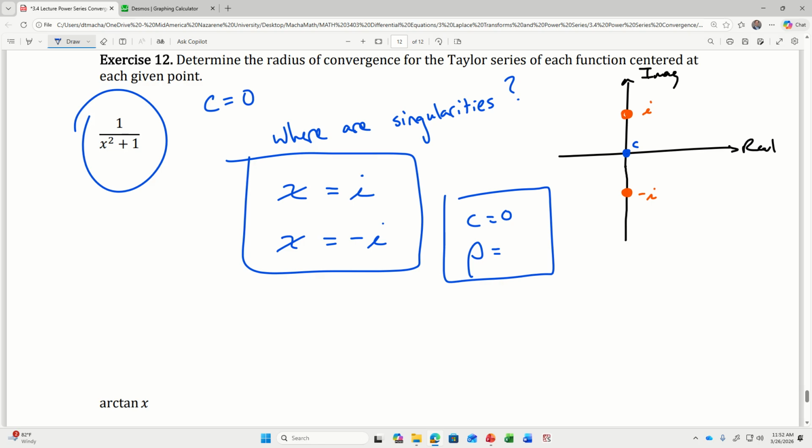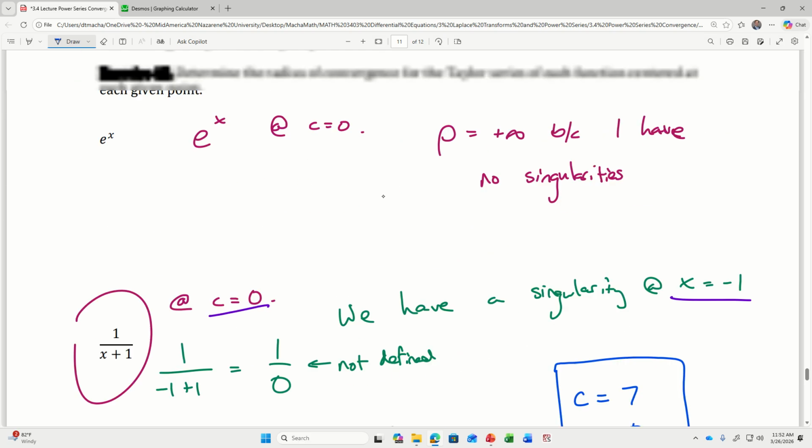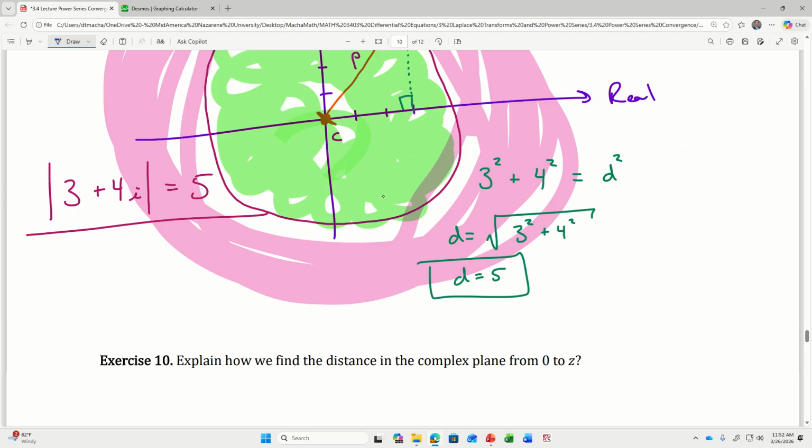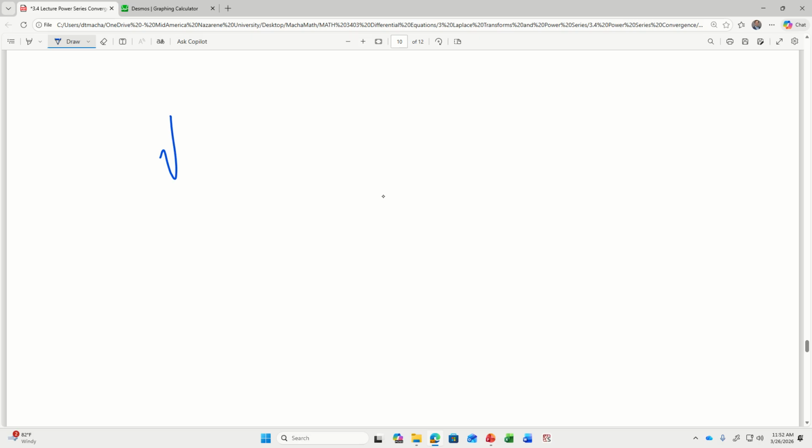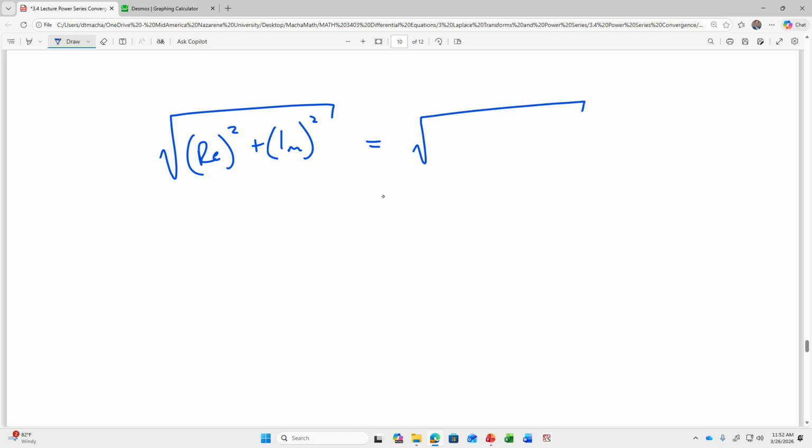The radius of convergence is the distance from the center to the nearest singularity. So when we talk about distance in the complex plane, what we do is we take the square root of the real part squared plus the imaginary part squared. And you don't worry about the i's, but right now the real part is 0 and the imaginary part is 1i, right?